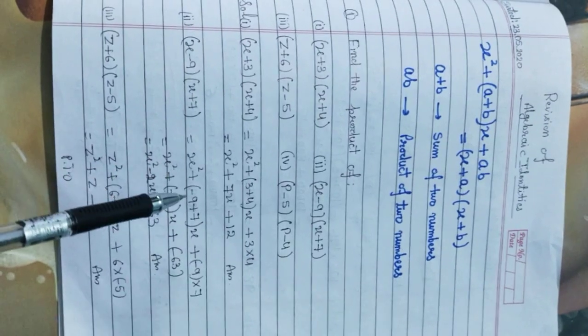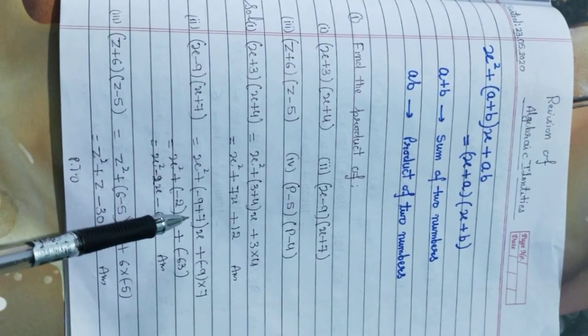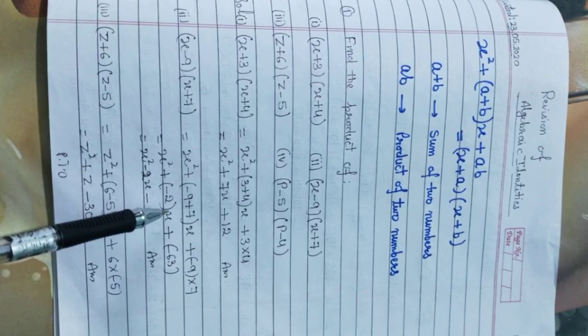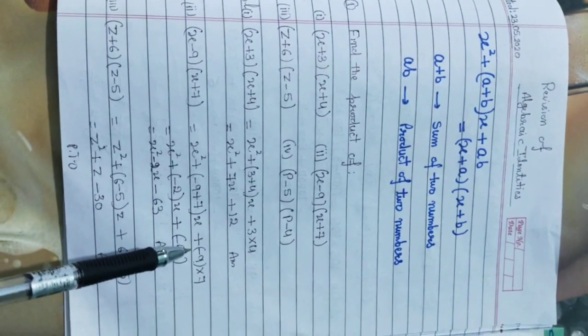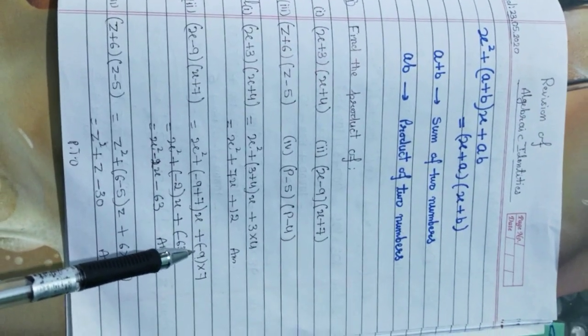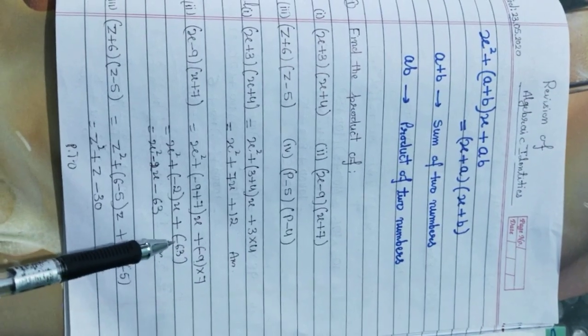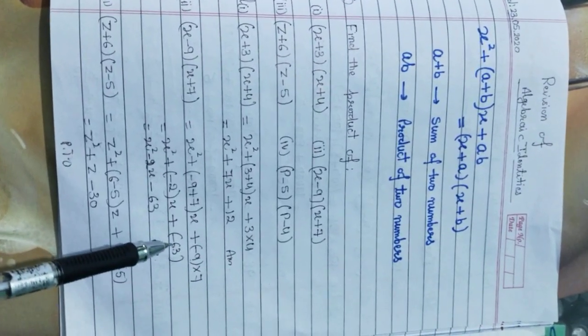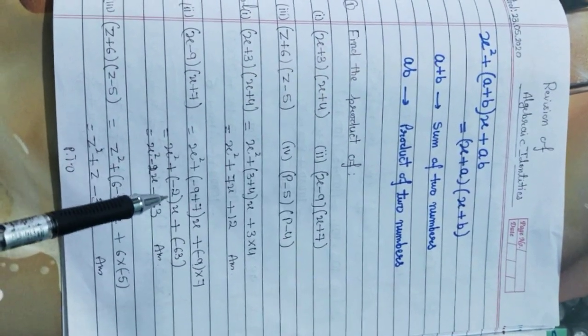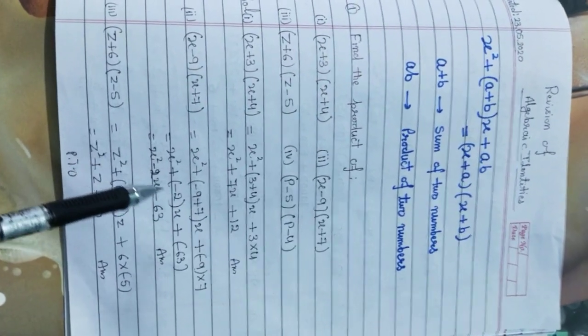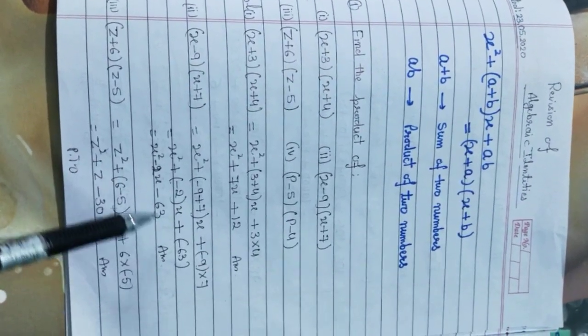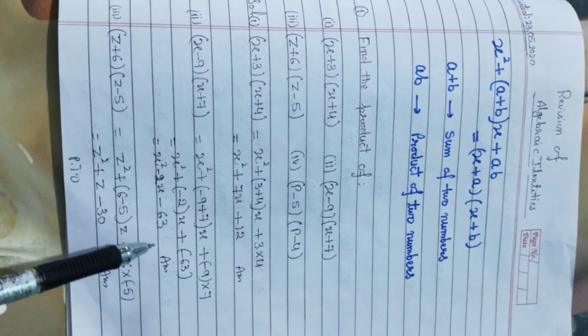So x square plus (minus 9 plus 7, which is minus 2) into x plus the product of a negative and a positive integer, which is negative: minus 9 into 7, minus 63. Now opening brackets, x square minus 2x minus 63 is your answer.